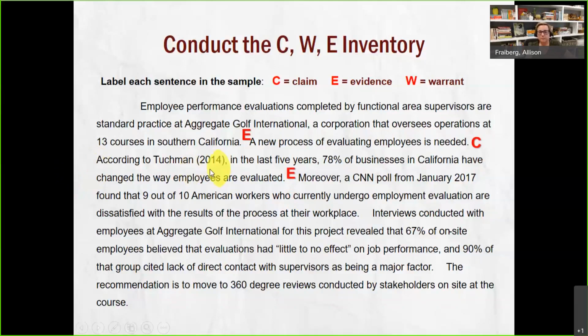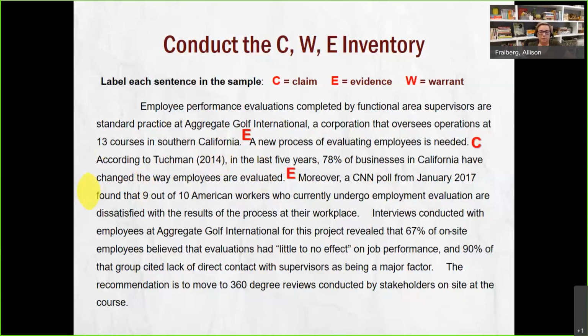The rest doesn't even matter in terms of identification purposes because we are invoking a source and these are the details of the source. That's evidence. Well, the good part so far is there seems to be only one claim at this point.